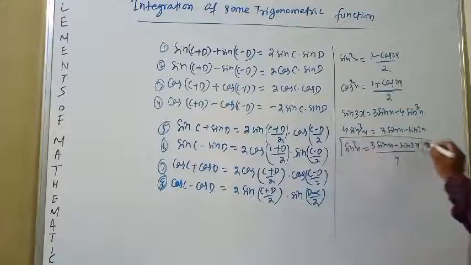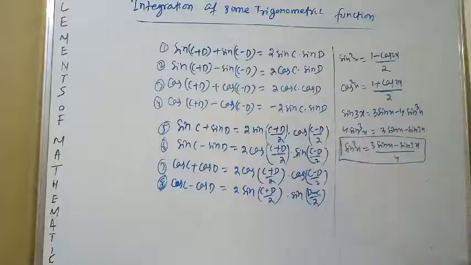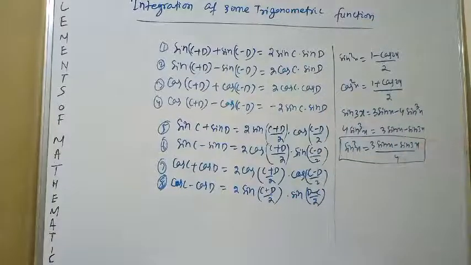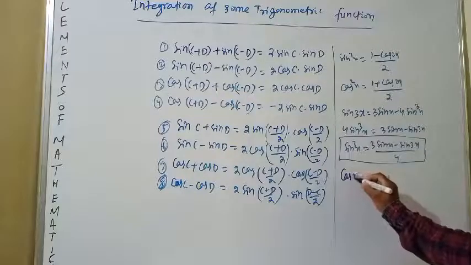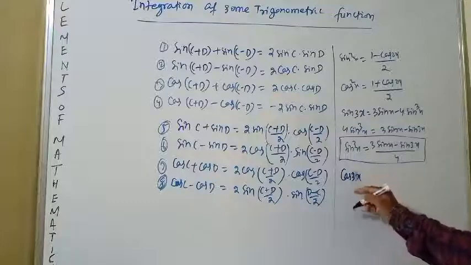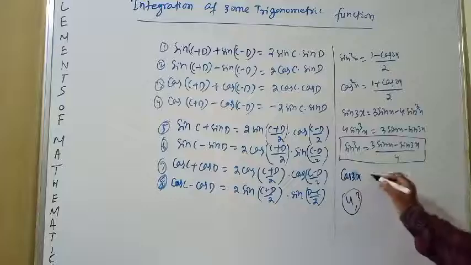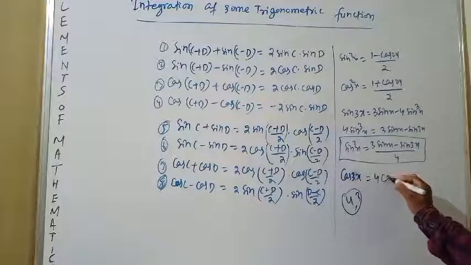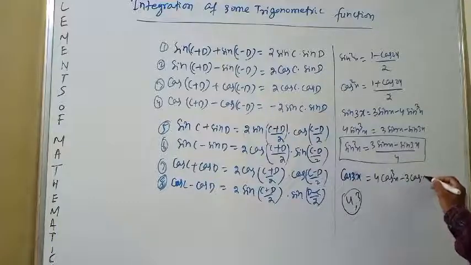This is another formula which will help you in the integration of some trigonometric functions. Now cos 3x. For cos 3x you have to remember 4, 3. Cos 3x is equal to 4 cos cubed x minus 3 cos x.